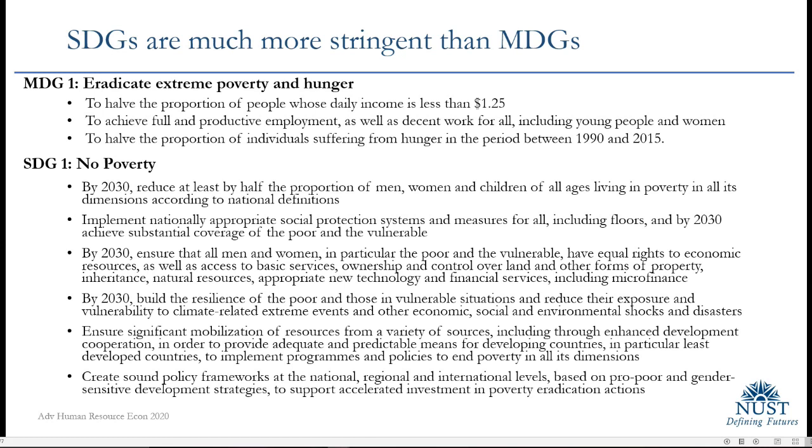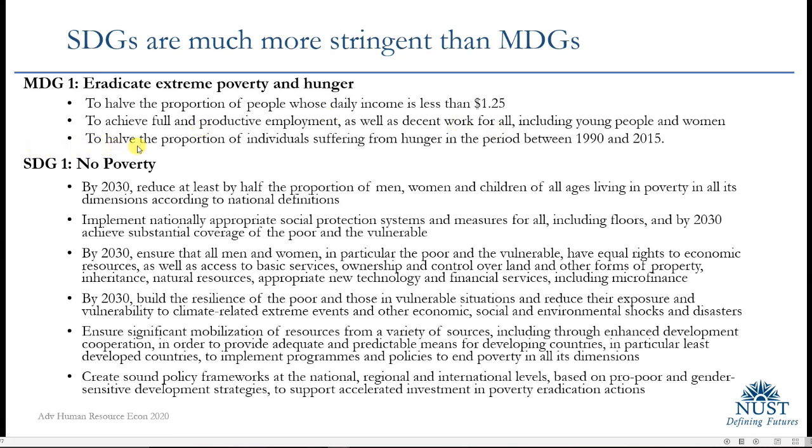What I'm trying to show here is that MDG 1 had eradication of extreme poverty and hunger both combined in one, and those were covered by 3 different targets. Okay, to halve the proportion of people whose daily income is less than 1.25, in other words, halve the poverty rate, to achieve full and productive employment as well as decent work for all.